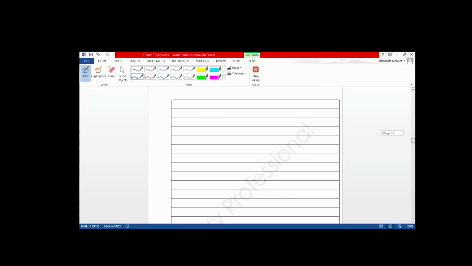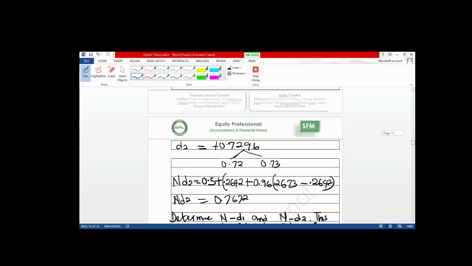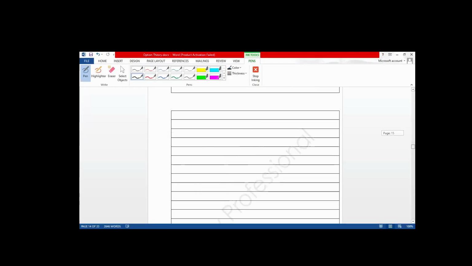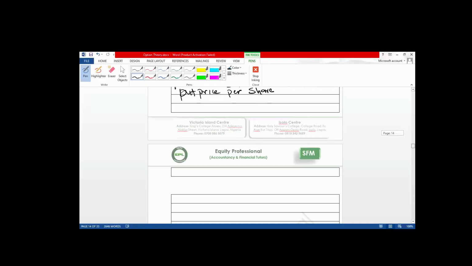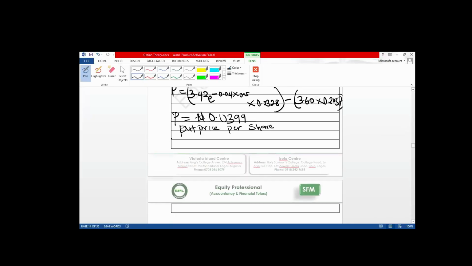So the total put price is the number of shares, 27,750,000, multiplied by 0.0399.